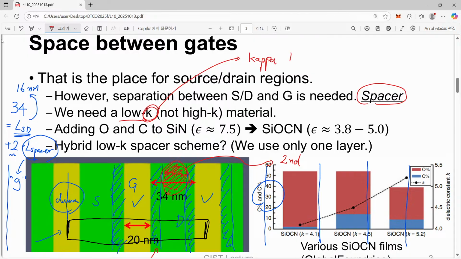You know this guy, and this kappa is sometimes used as the symbol for relative permittivity. In this course, in many places, I'm just using this epsilon value as the permittivity of a certain material.